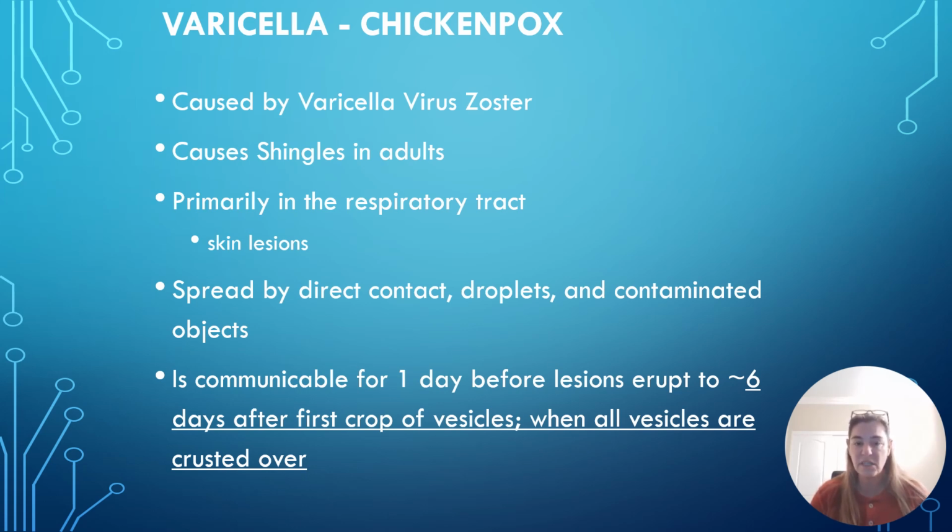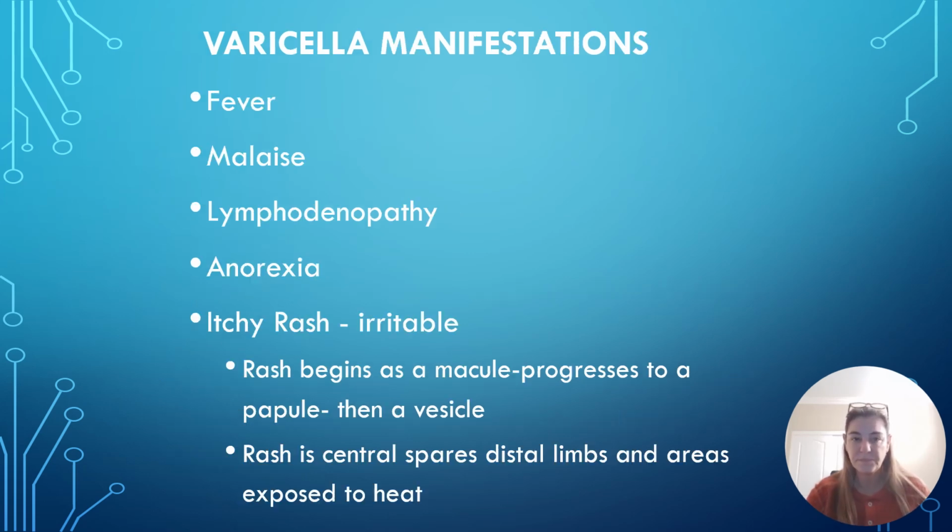So these patients need to stay in isolation, stay away from other patients until all the vesicles are crusted over. But before they even have an eruption, they will be contagious. So there's a reason why this disease can spread very quickly, especially among kids, because they're in close proximity and they don't even know that they're infected until it's too late.